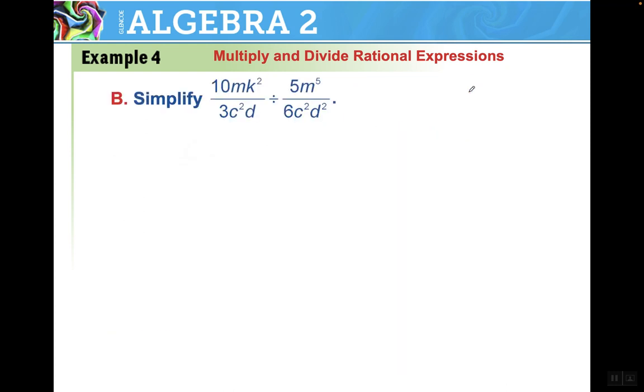Okay, a division one, but like I said, we can just multiply by the reciprocal. So I'll rewrite this: 10mk squared over 3c squared d times 6c squared d squared over 5m to the 5th.